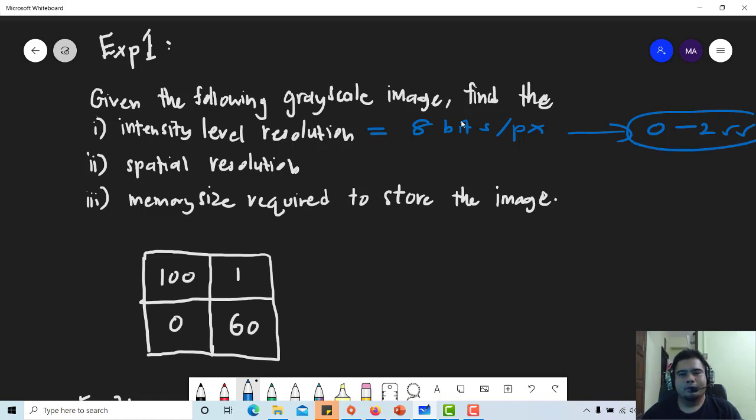So it is logical to have an intensity level resolution of 8 bits, because these numbers can be stored with 8 bits per pixel.